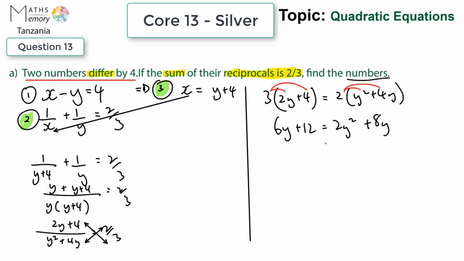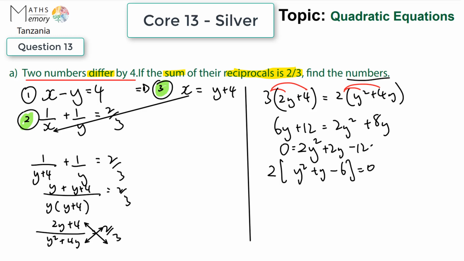This looks familiar. Let's get this as a quadratic. If we take the 6y and the 12 to the other side, we're going to get 2y squared plus 2y minus 12 equals 0. Let's divide the whole thing by 2. So we're going to get y squared plus y, take away 6 equals 0.